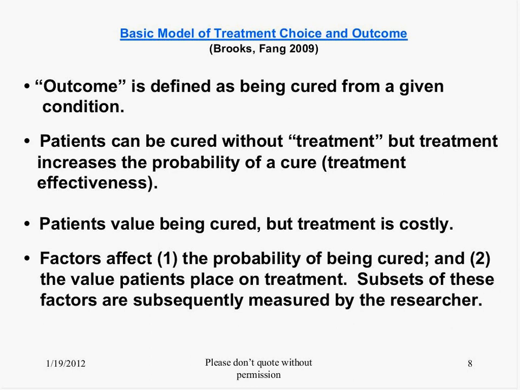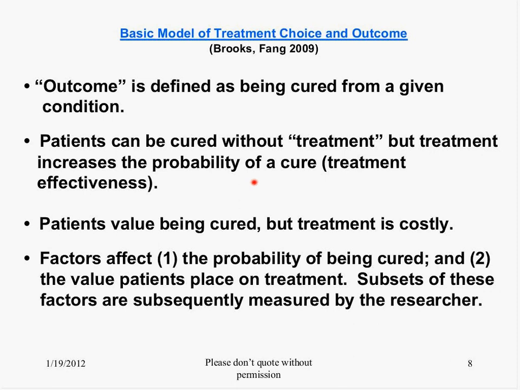Subsets of these factors are measured by researchers and can be used for analysis and creating propensity scores. In our model, the treatment value is derived from the fact that people value a cure, and treatment increases the probability of getting a cure, and that's why people value it. There's not an innate valuation for the treatment in and of itself.